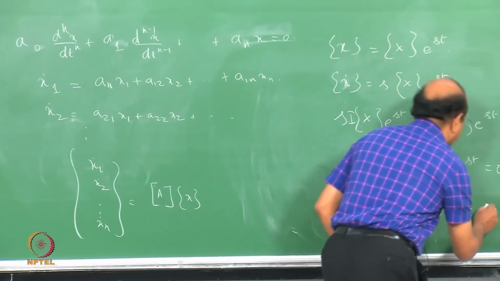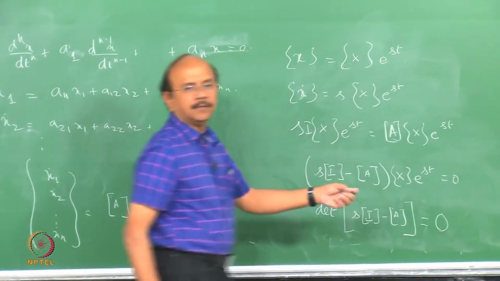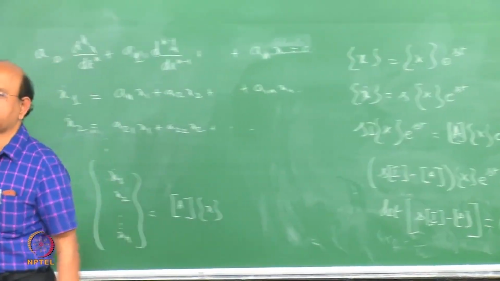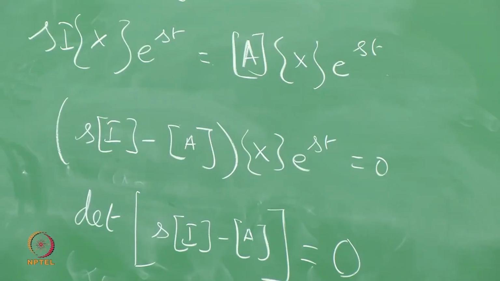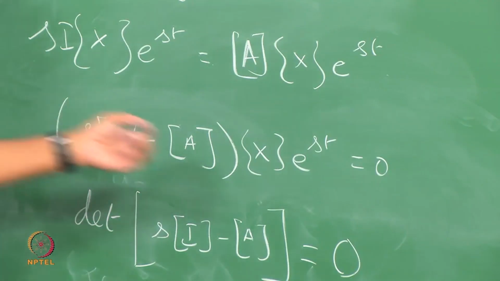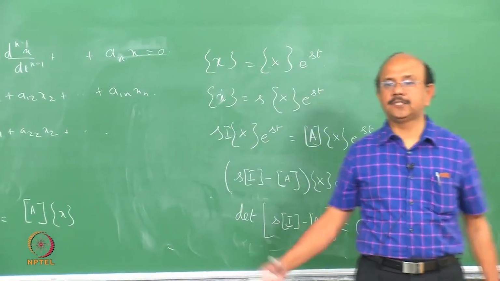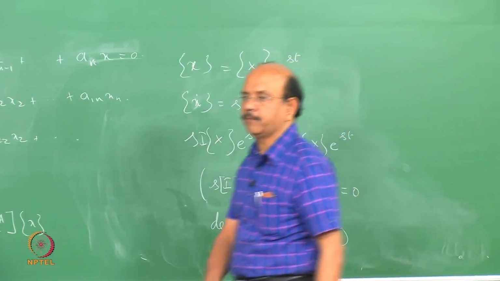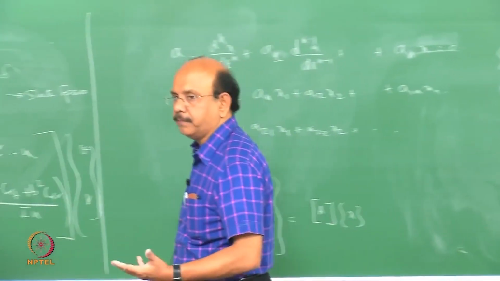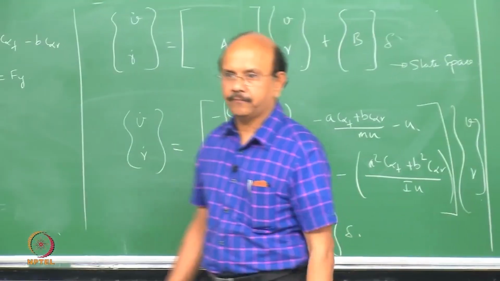Or else, if it happens to be non-singular, then obviously you will end up with only the trivial solution. Hence, this has to be equal to 0, and that throws up values of s.